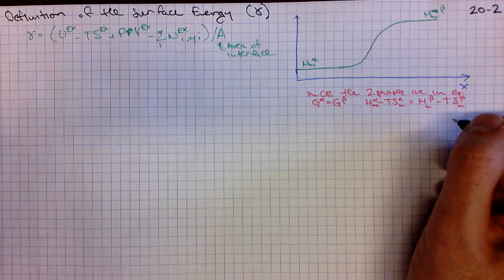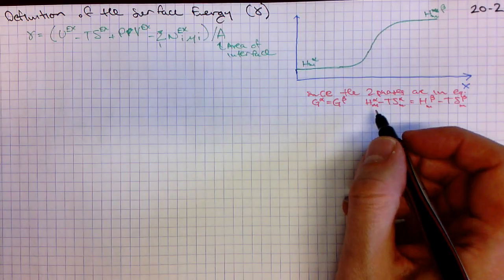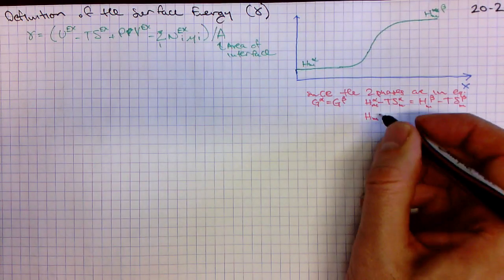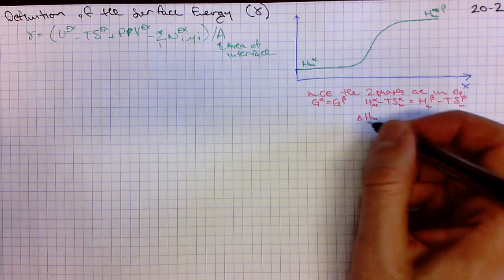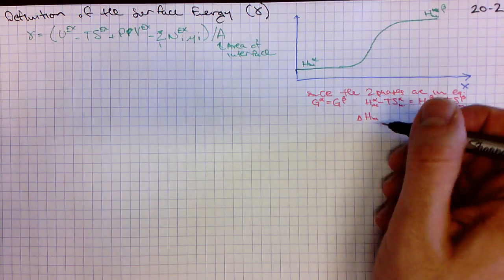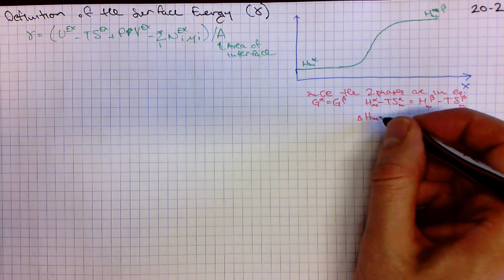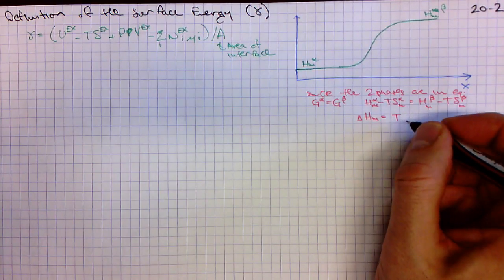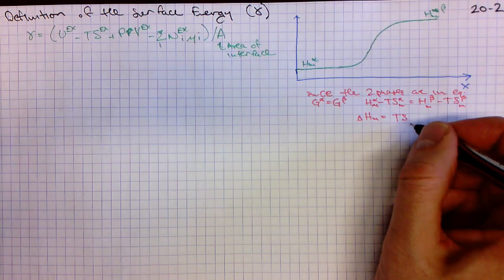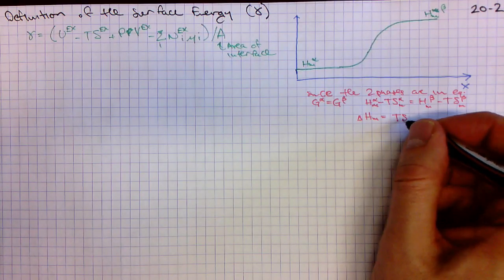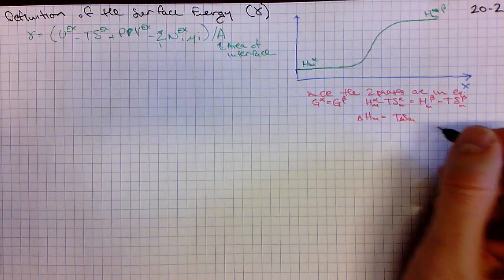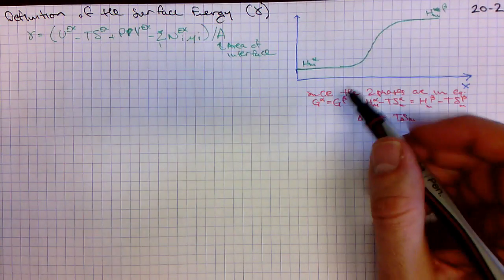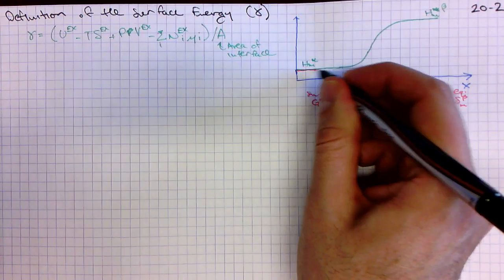And so we know the difference between the enthalpies has to equal T times the difference between the entropies, delta Sm.